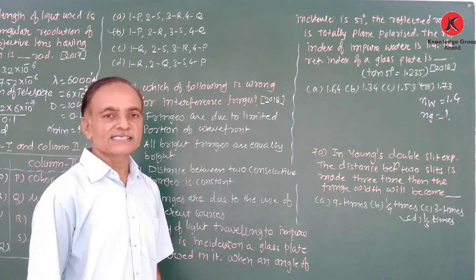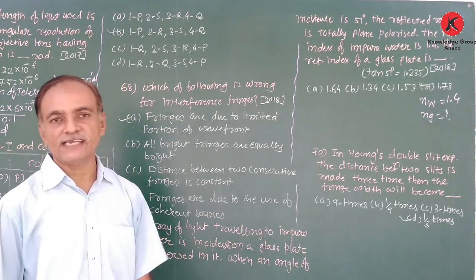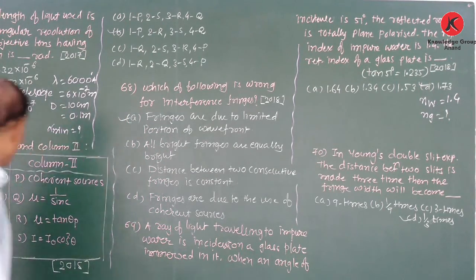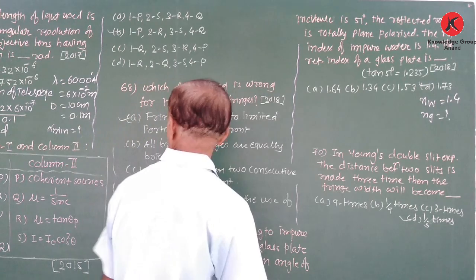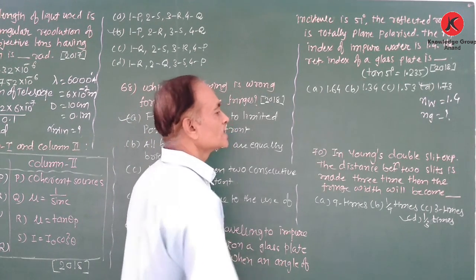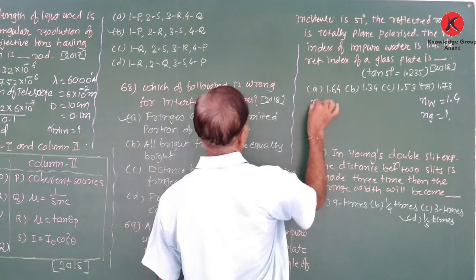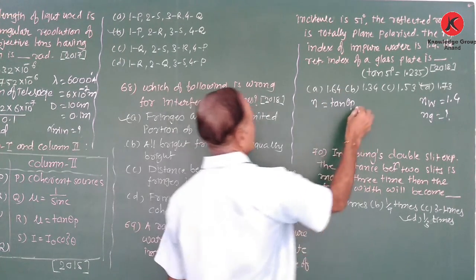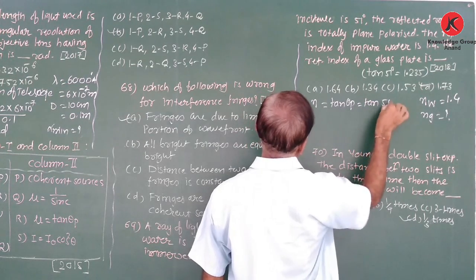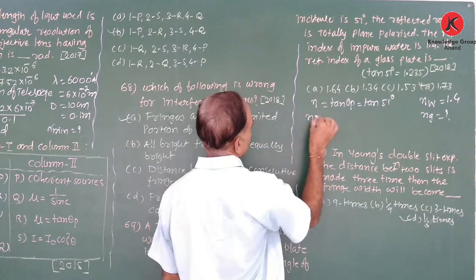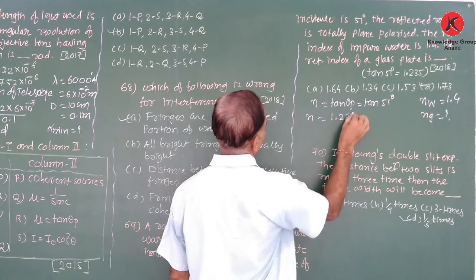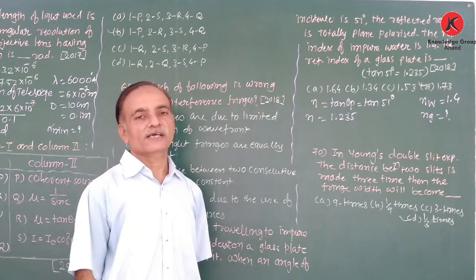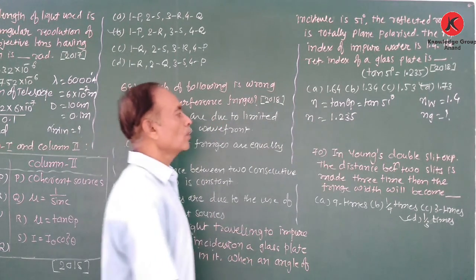Whatever light is incident on the glass plate, there is a reflected ray. This reflected light is plane polarized. Therefore, we are using the law of polarization, Brewster's law. So, n is equal to tan theta p. Tan theta p is given already, tan 51. Therefore, n is equal to 1.235. Now, this is the refractive index of glass with respect to water.